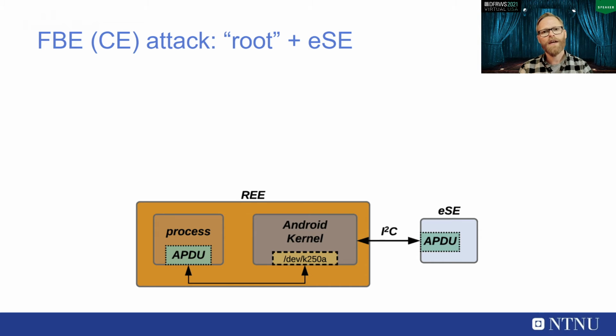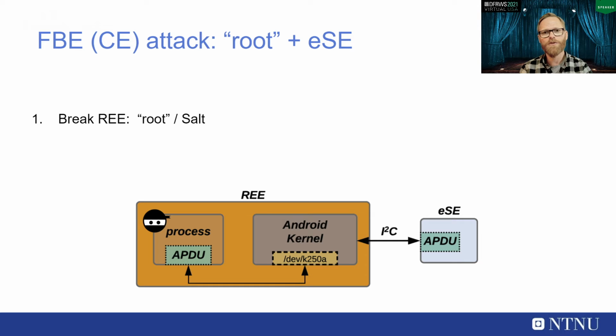So our attack looked at doing exactly this. To summarize, we first break the rich execution environment. That is similar to what we call a root. And there are two reasons for this. The first reason is to get hold of the salt, of course, but also to be able to spawn a system privileged process that can actually talk to the secure element.